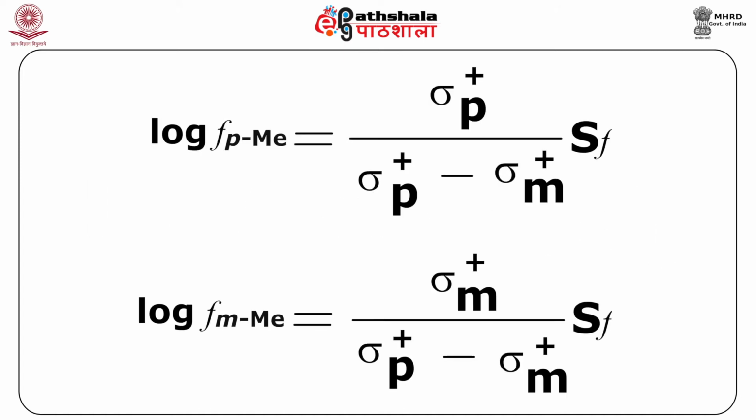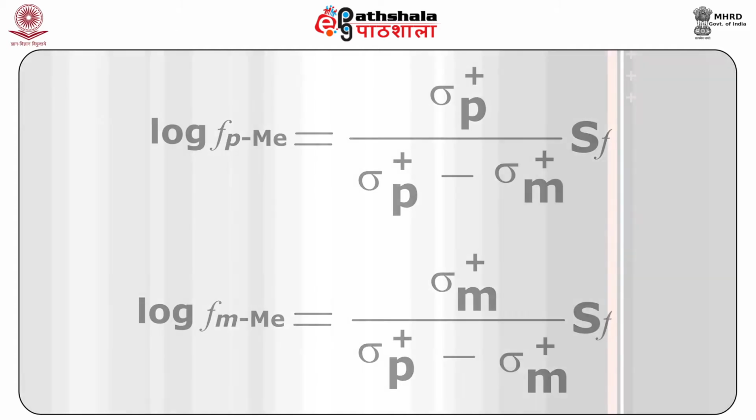Now you can see here that log of f of para-methyl is equal to sigma plus of para divided by sigma plus of para minus sigma plus of meta, into SF, and log f for meta-methyl is equal to, again, sigma plus of meta divided by sigma plus of para minus sigma plus of meta, into SF.